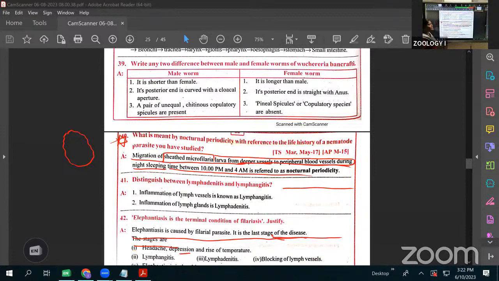In the daytime, they are present in the deeper vessels, and they come to the peripheral blood vessels at night. That type of phenomenon is called nocturnal periodicity.